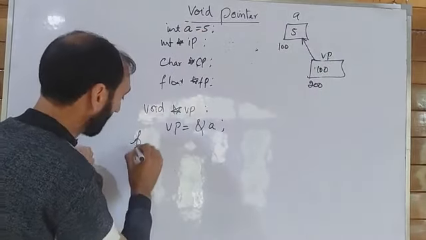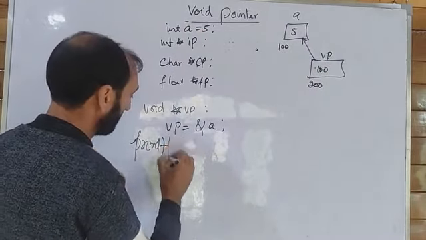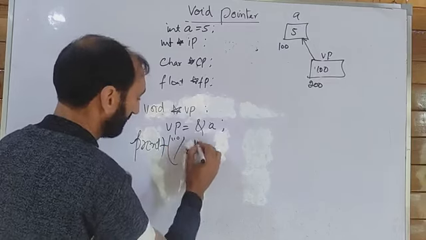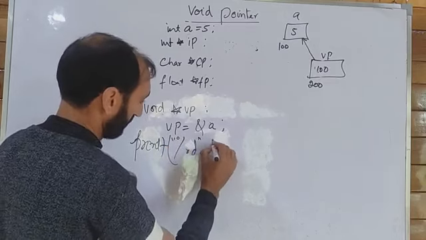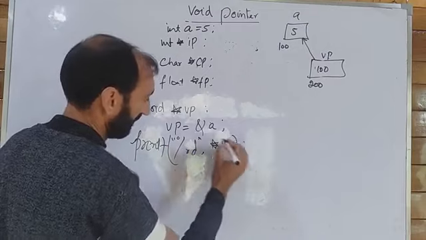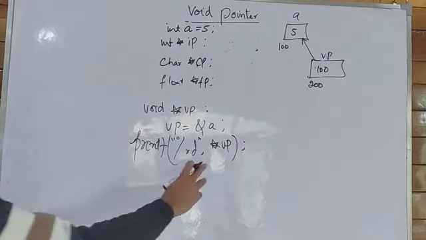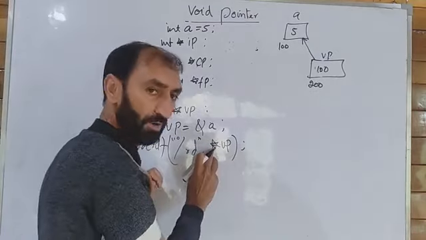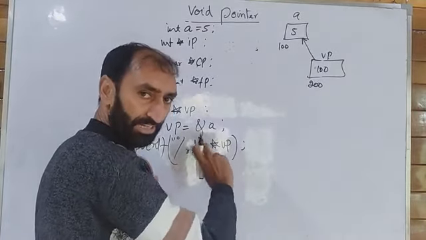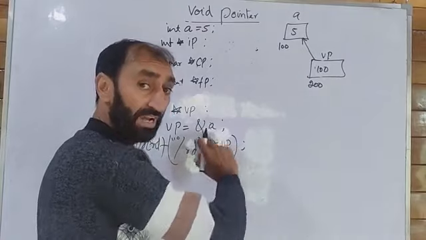If I print this instruction, printf %d, *VP, here the indirection operator returns the value at the address.